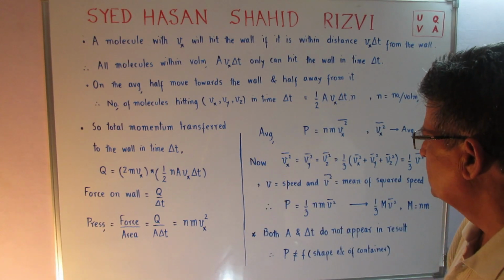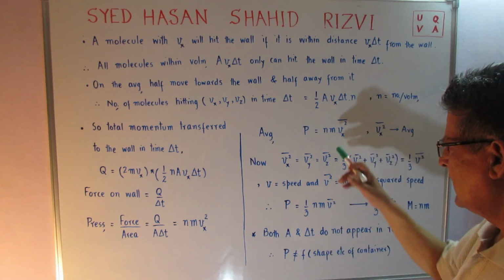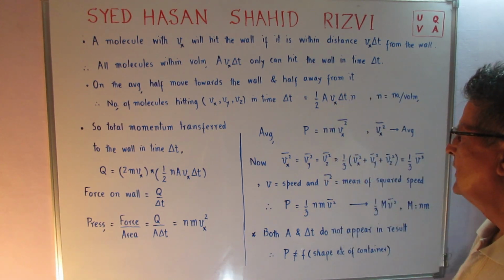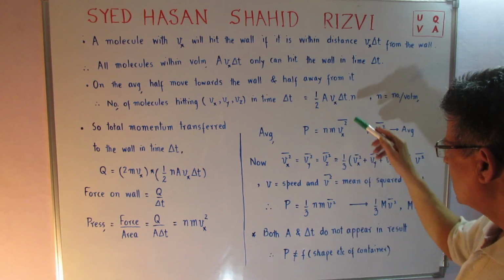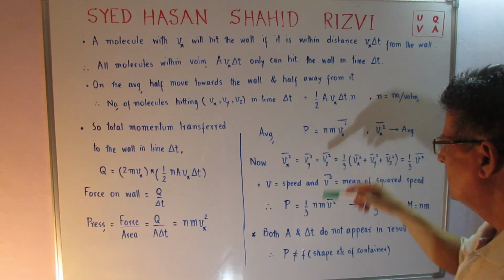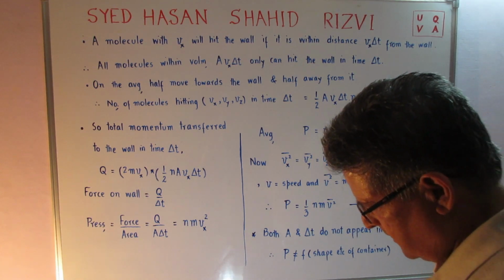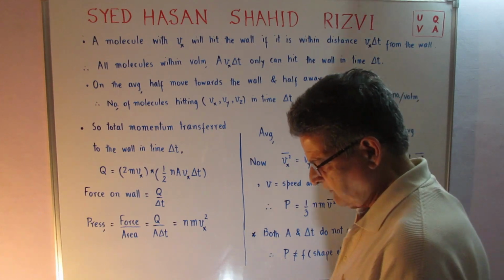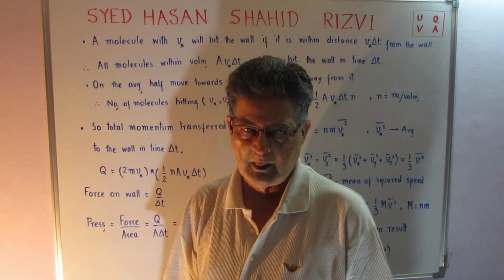Vx is the velocity. Now on the average, I should rather write that the pressure will be equal to n m into Vx square average value, when we take the mean value. And by the way, I must share with you the difference between average and mean.